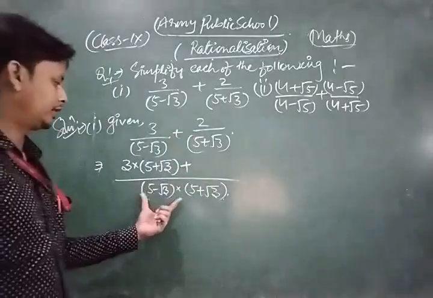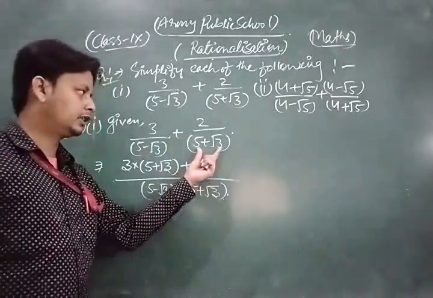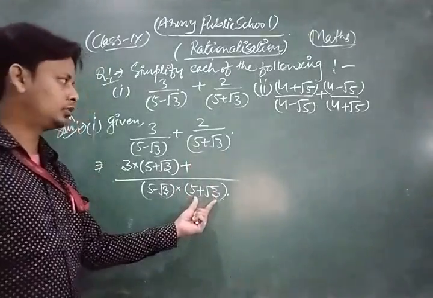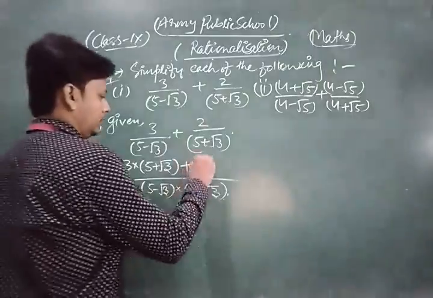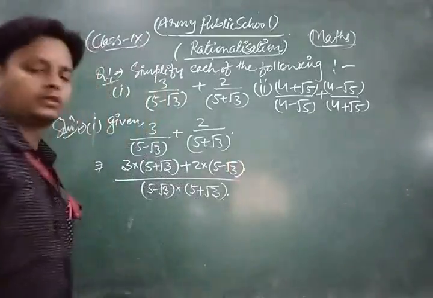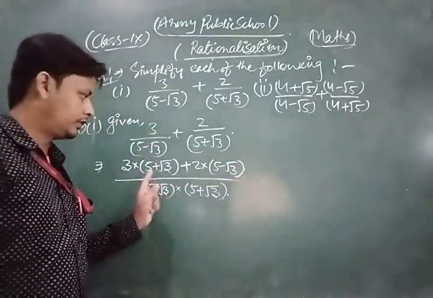Now we divide the LCM by the denominator of the second fraction. Then 5 plus root 3 and 5 plus root 3 are cancelled, so we get 2 into 5 minus root 3. Now we simplify them.